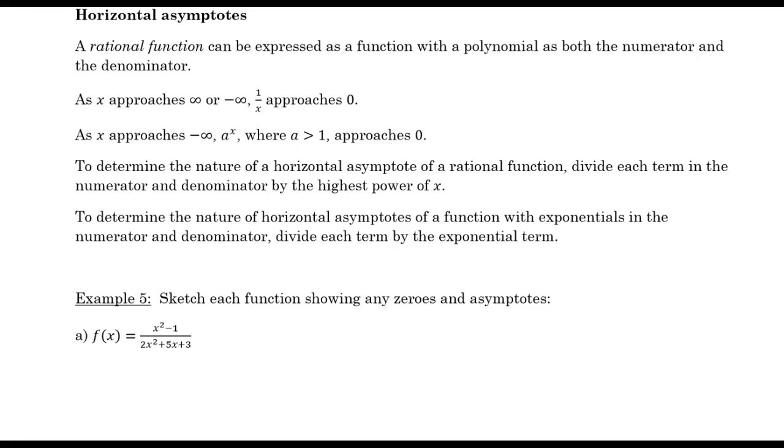Now, as x becomes very large, or very small, by which I mean very negative, dividing a constant by a very large or very small number approaches 0. So I will only be interested in the highest powers of x. Show you how this works.